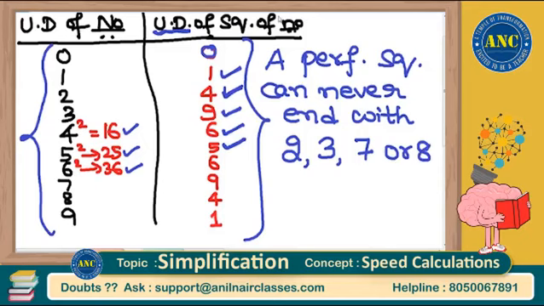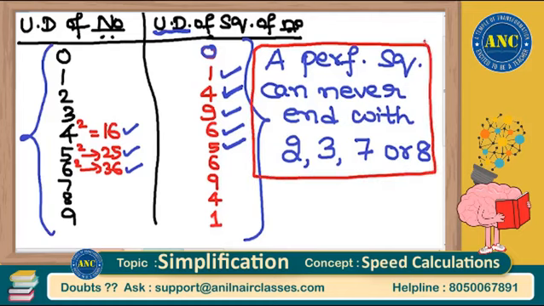Very important point for your examination perspective. A perfect square can never end with 2, 3, 7 or 8. Using this point also we will solve some of the questions to get the answers in a much easier and very beautiful method.